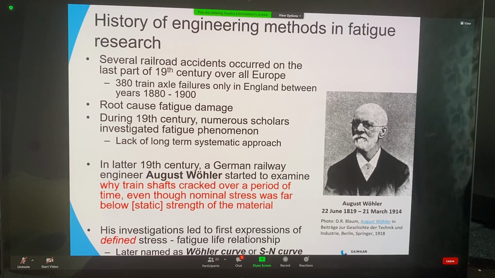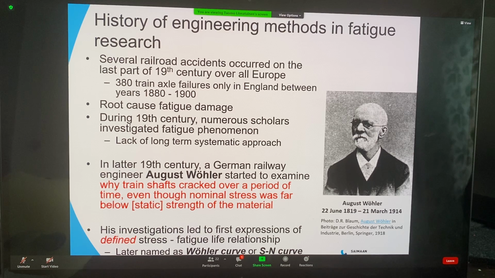So he was the first one who investigated in a systematic, defined way why this fracture would happen. And his investigations and numerous tests led into a fatigue life relationship that we later know as a Wöhler curve, or in the English speaking world we call it SN curve, stress life curve.